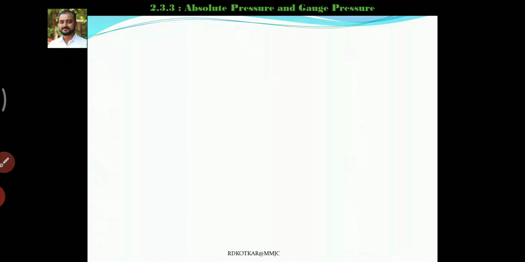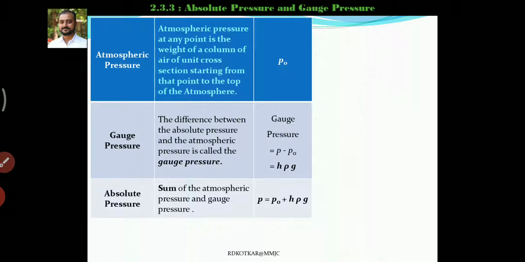So next point, absolute pressure and gauge pressure. For that we refer to this table. So we studied what atmospheric pressure is. Atmospheric pressure at any point is the weight of the column of air of unit cross section starting from that point to the top of the atmosphere.